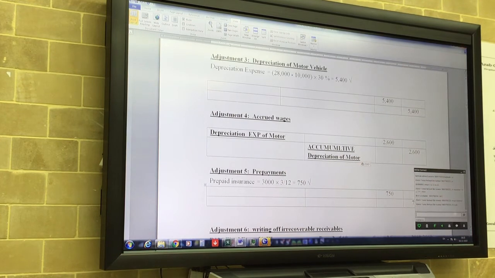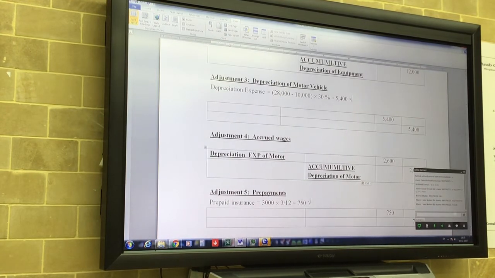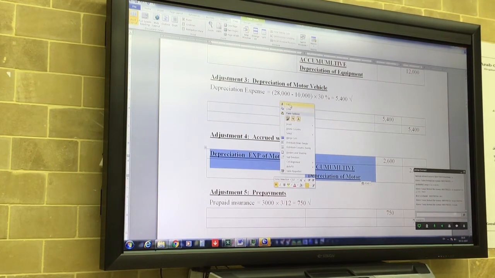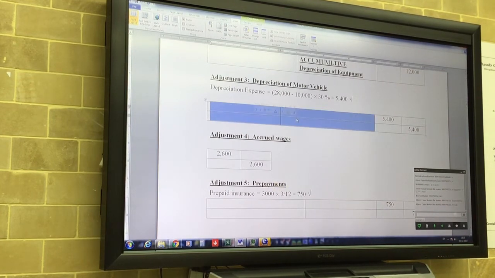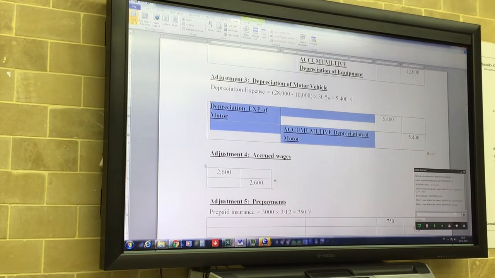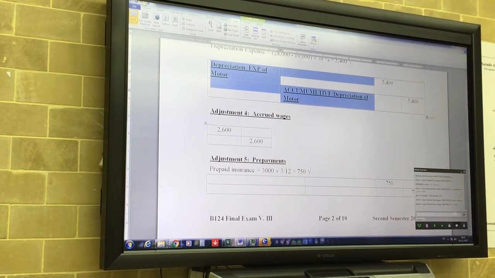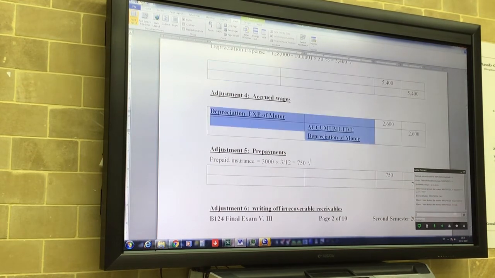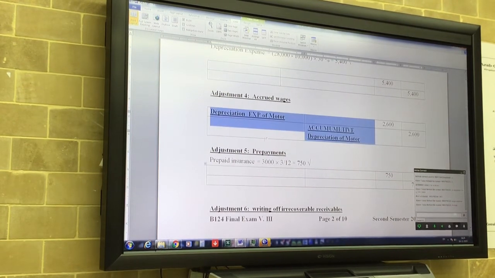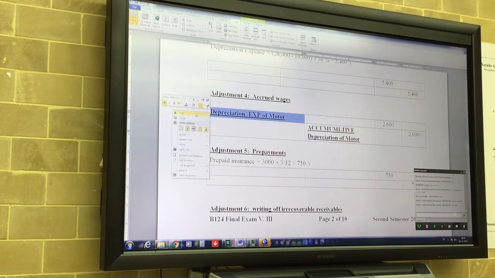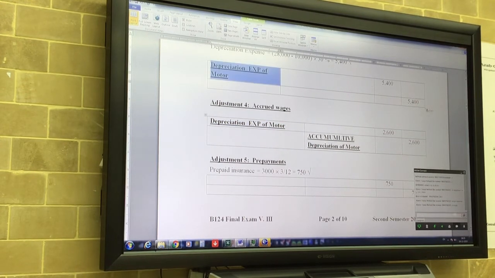where's number 4? So you can write wages expense. Here.